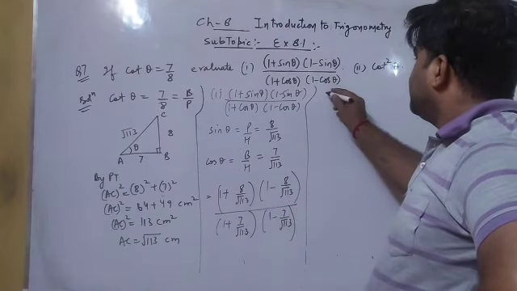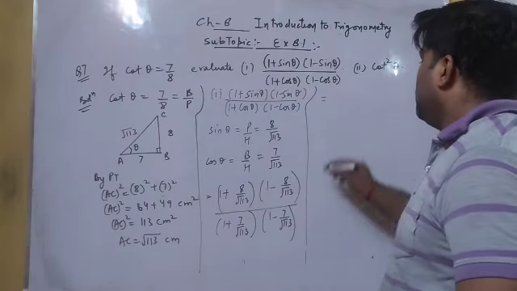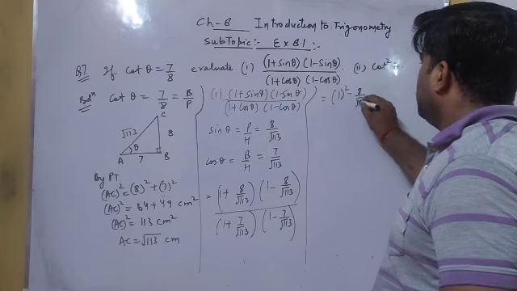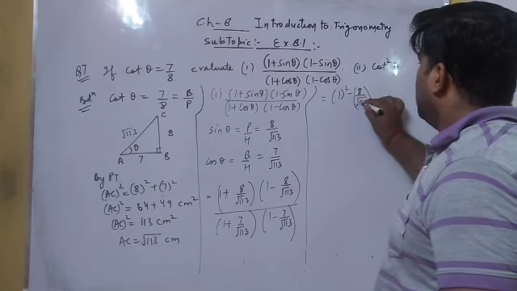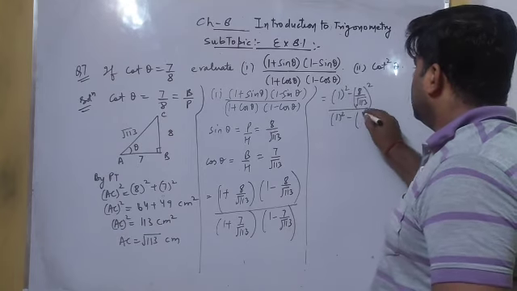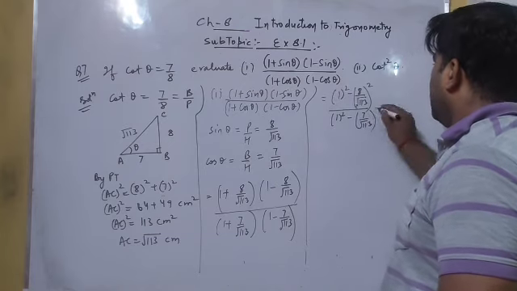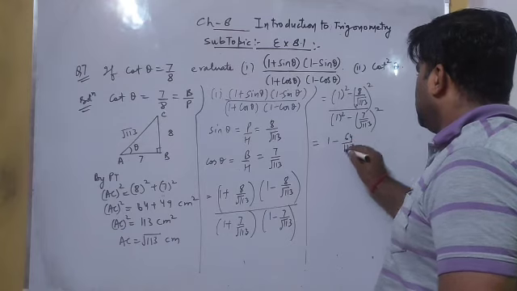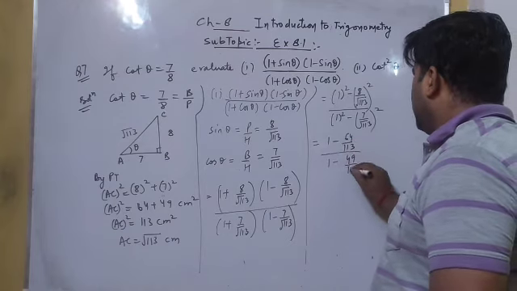Here on solving, it is of the form (a plus b)(a minus b), which is equal to a square minus b square. So we can write 1 square minus (8 upon under root 113) whole square, and similarly 1 square minus (7 by under root 113) whole square. On solving we get 1 minus 64 upon 113, and similarly for this we get 1 minus 49 upon 113.